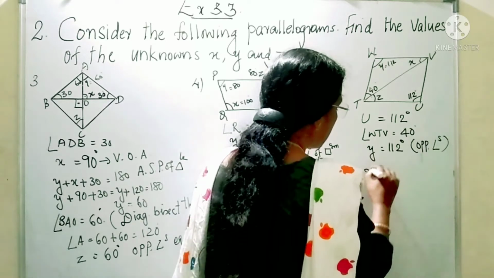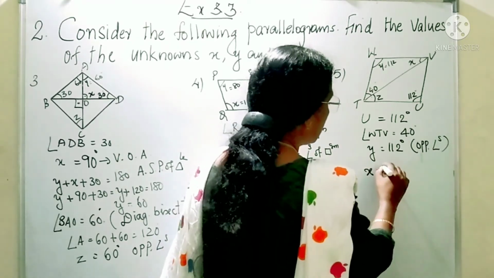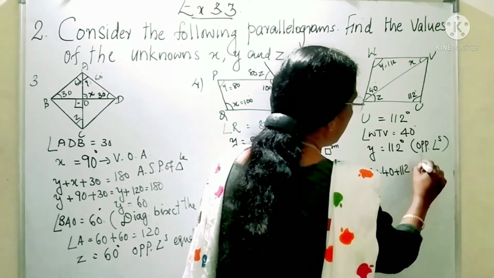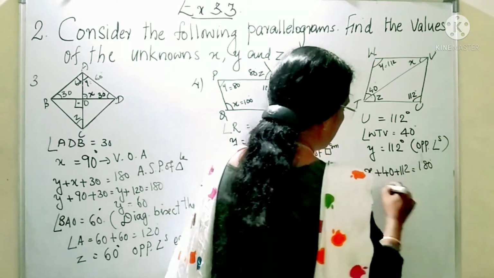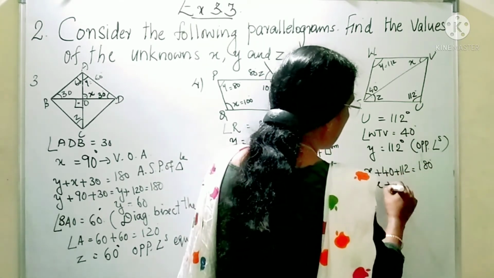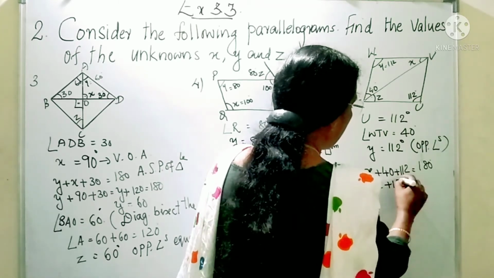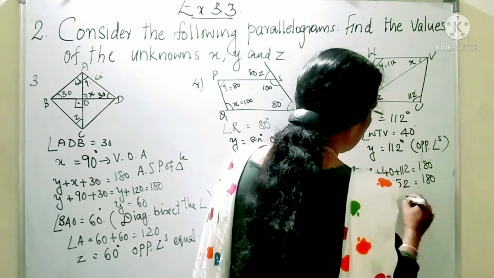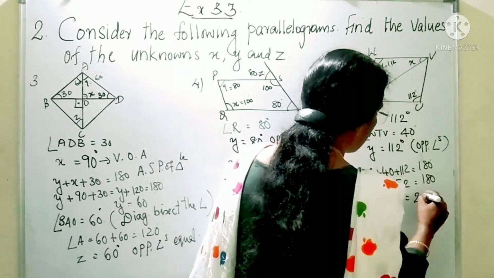So how will you find X? X plus 40 plus 112 is equal to 180. So X plus 152 is equal to 180. X is equal to 28.